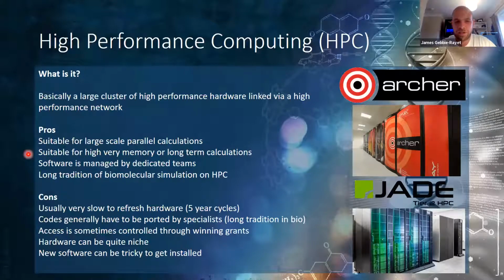If you have memory issues, you can offload, and these machines quite often have high memory on each node, but you can also do distributed memory where you recruit multiple nodes and share the memory across them. So if you really have underpowered hardware for running simulations locally, HPC can really help with this.